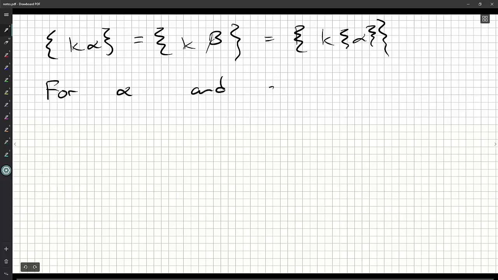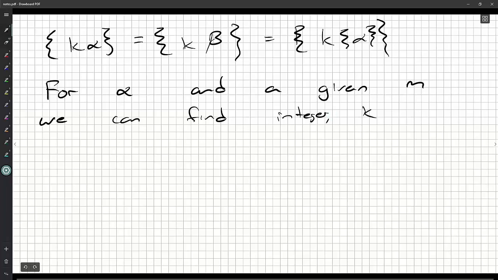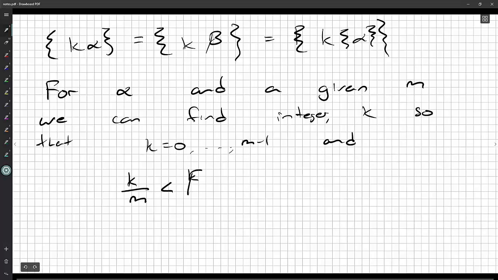For alpha and a given choice of m, we can find an integer k, where k is one of 0 up to m minus 1, so that k over m is less than this beta here, which is less than k plus 1 over m.